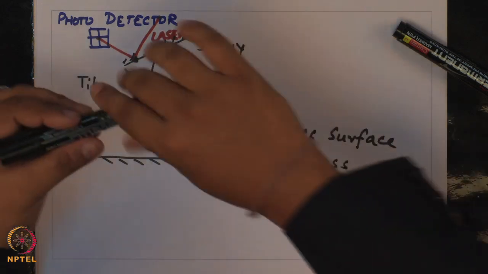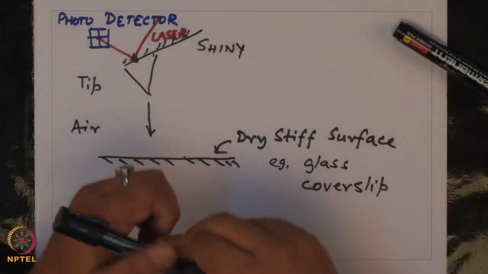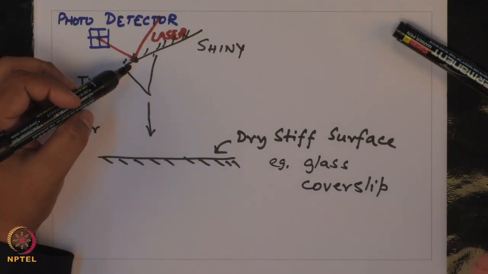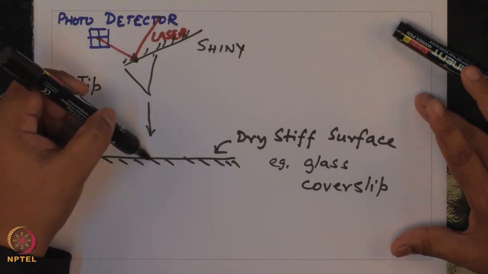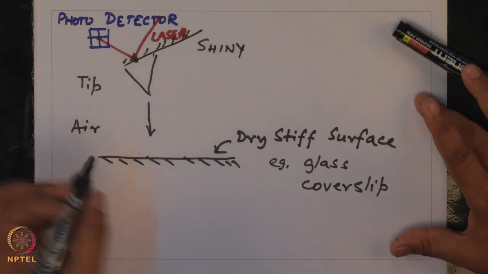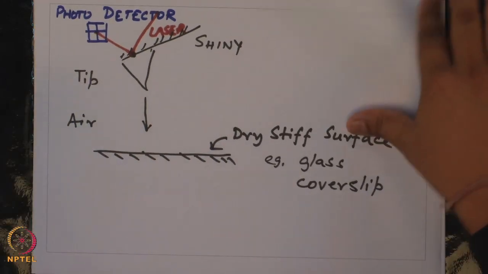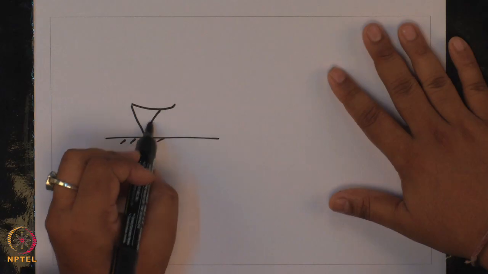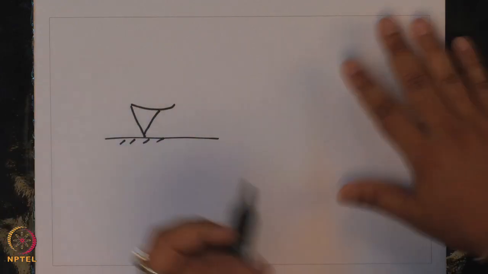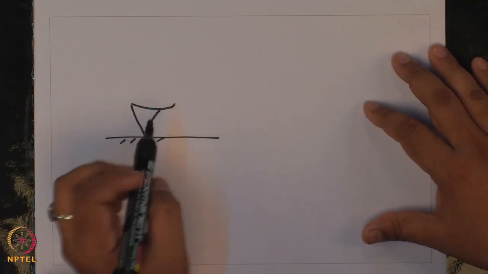So, when the tip is moving through air, the tip does not deform, because it does not touch anything. But as soon as it touches the surface, the tip deforms. So, when it comes and touches the surface, you have deformation of the tip.